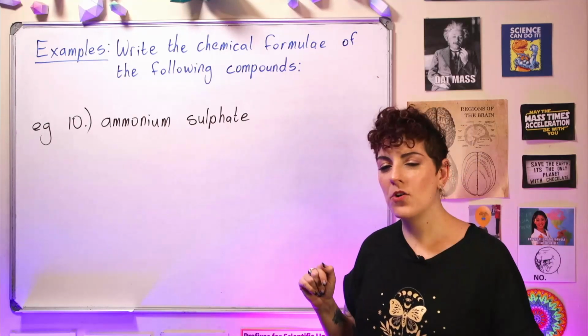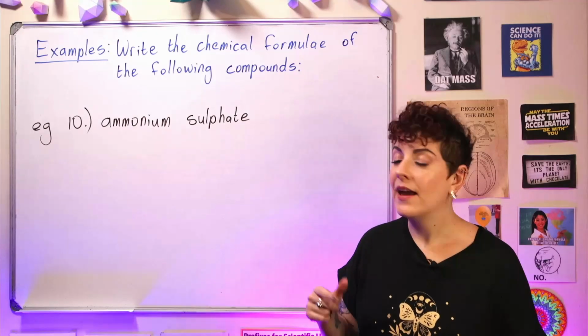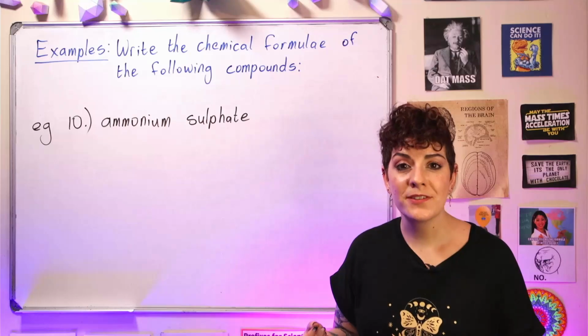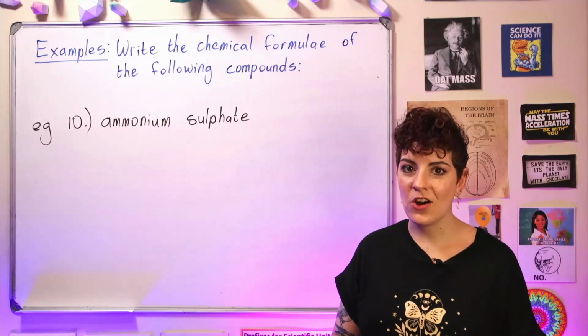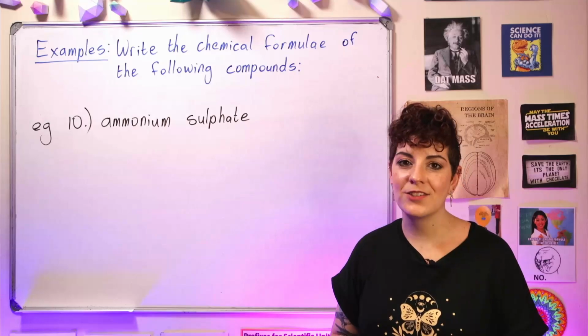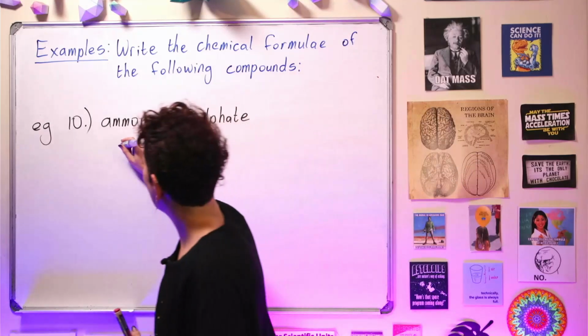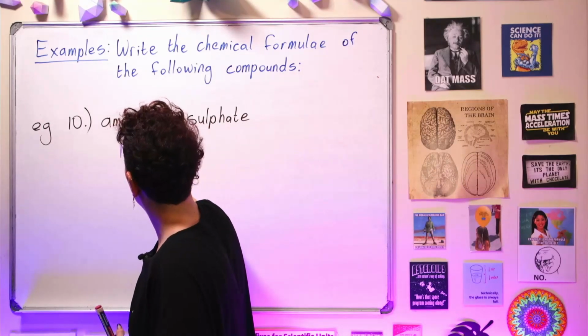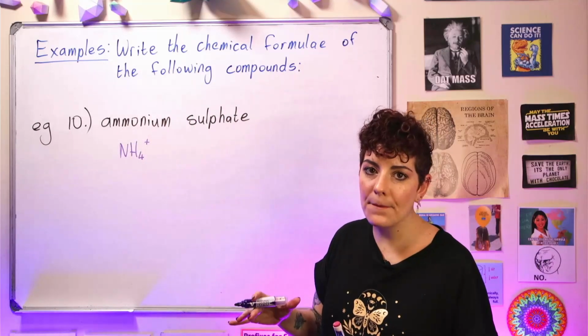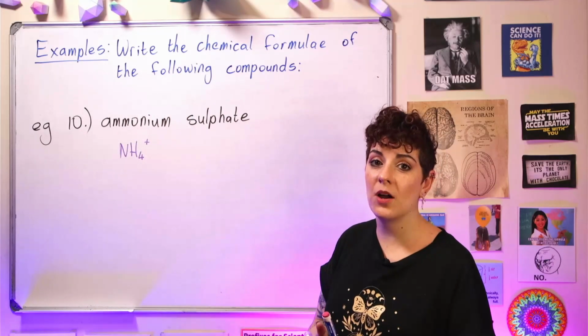This is not ammonia. It's not NH3. Ammonium, learners need to know, is the name of a specific polyatomic ion. The formula of the ammonium ion, which you need to know off by heart, is NH4+. That is the ammonium ion, and it's a polyatomic ion.